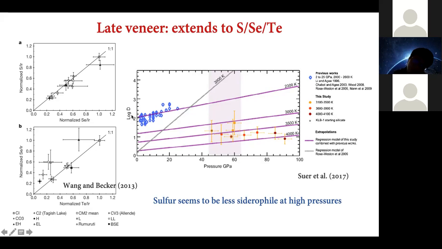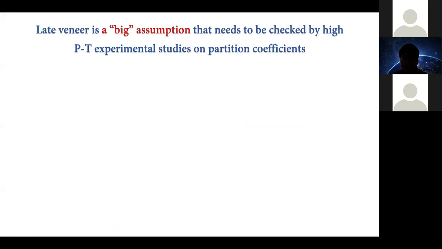We can see the log D is about, for example, 1 to 1.5, which means that the partition coefficient of sulfur decreases with pressure. So we can see that late veneer is a big assumption that needs to be checked by high pressure and temperature experimental study on partition coefficients of volatile elements. And it seems more and more data is against this model.